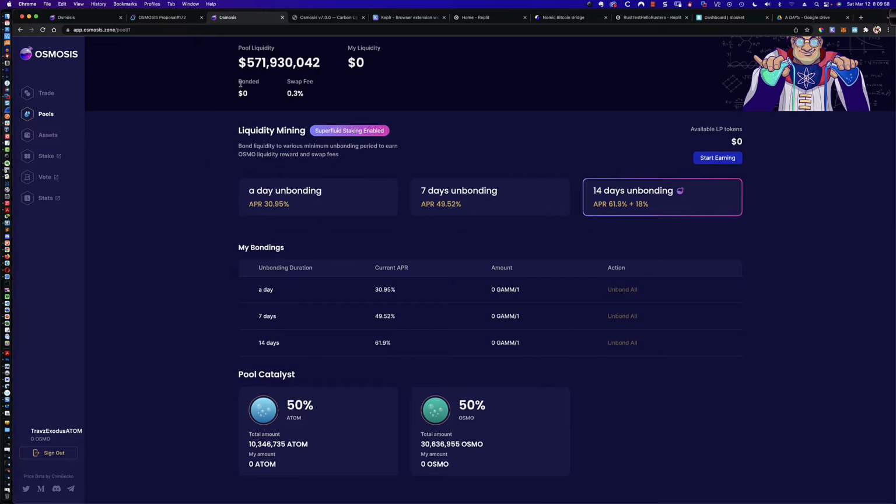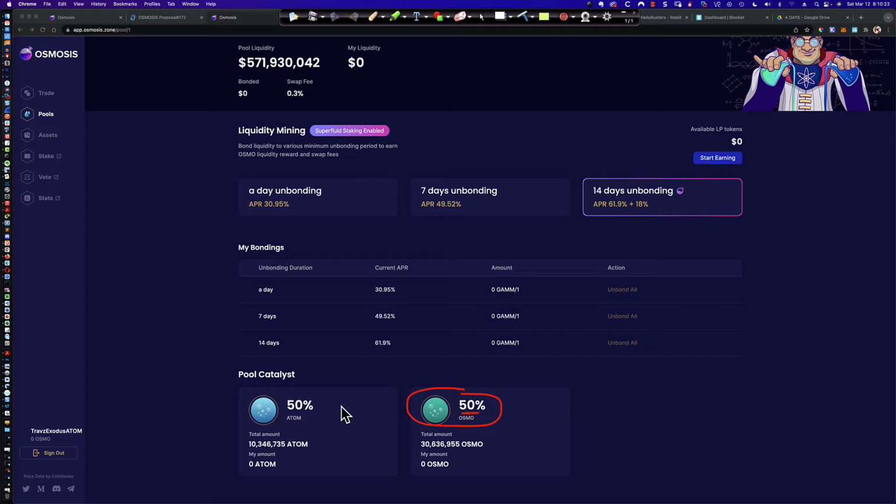And what they're talking about when they say that 50% discount rate is they're referring to something that's known as the Superfluid discount factor. The Superfluid Staking discount factor is what I like to call it, but it's referred to as the Superfluid discount factor. And what that discount factor means is that you're going to be earning a percentage, an APR, on half of this half of the liquidity provider pair.